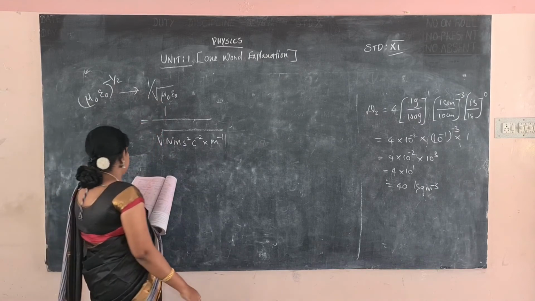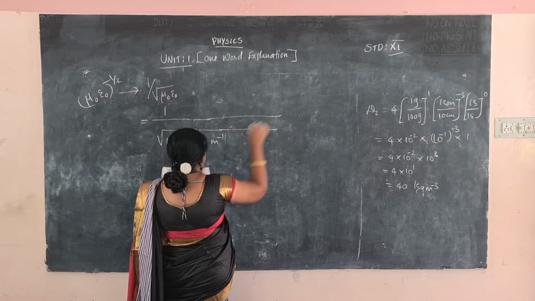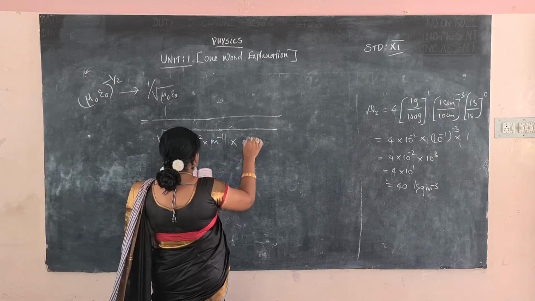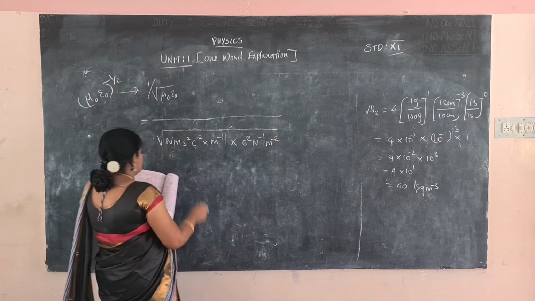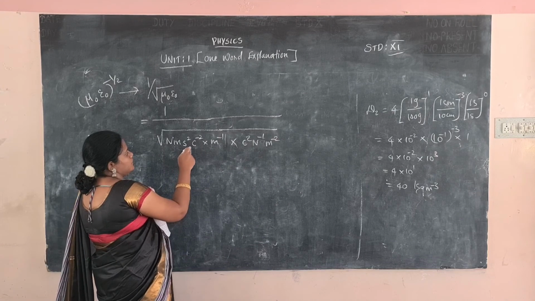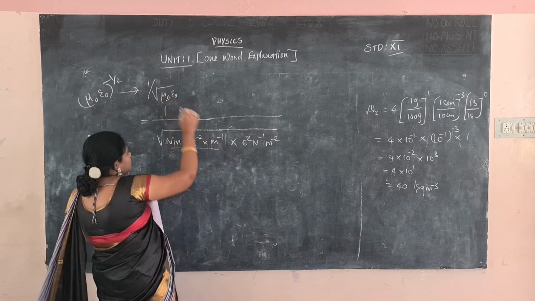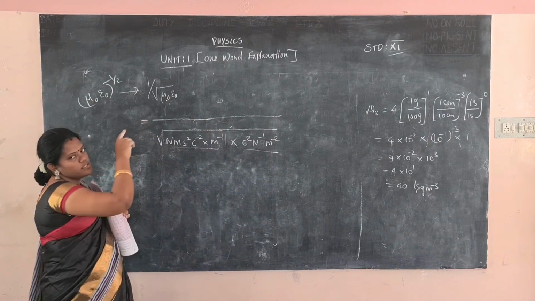Then the unit for epsilon naught is coulomb square Newton power minus 1 meter power minus 2. So Newton meter second square coulomb power minus 2 meter power 1 is the unit for mu naught, and coulomb square Newton power minus 1 meter power minus 2 is the unit for epsilon naught.